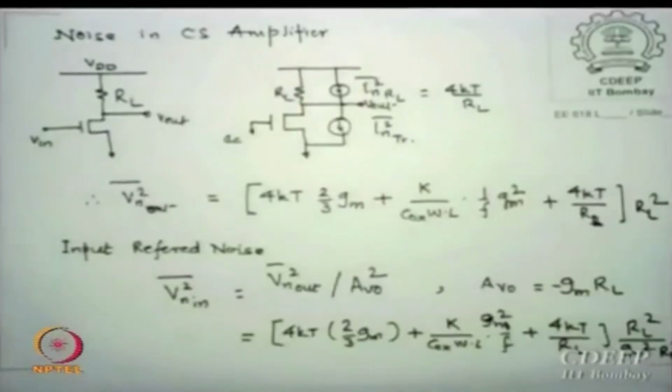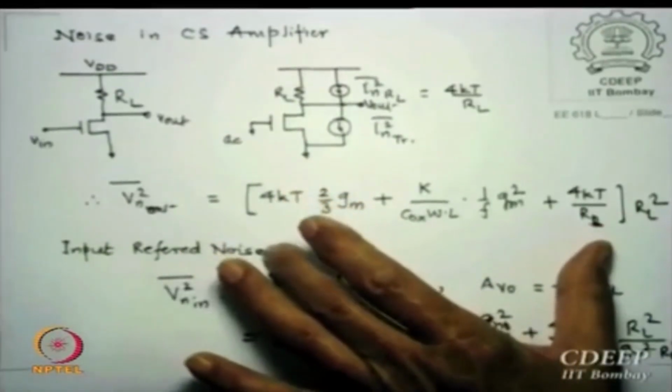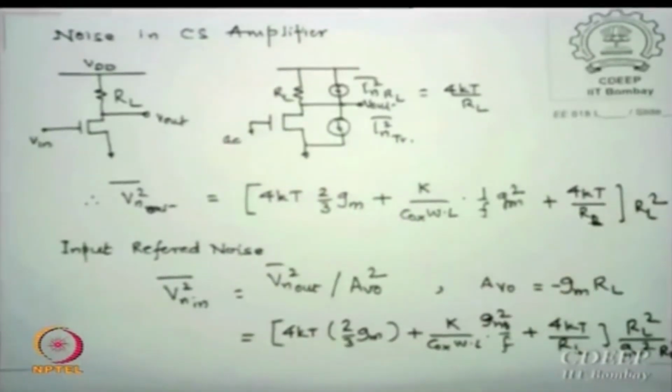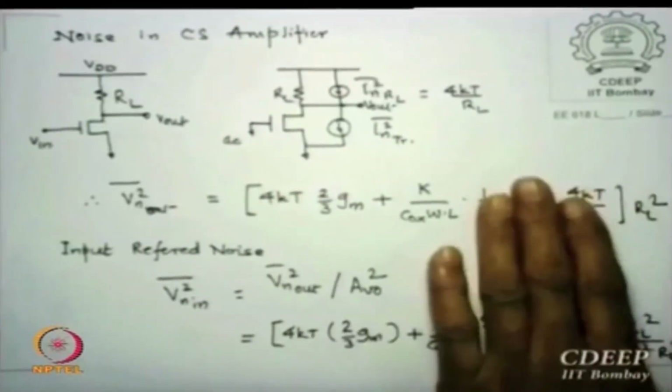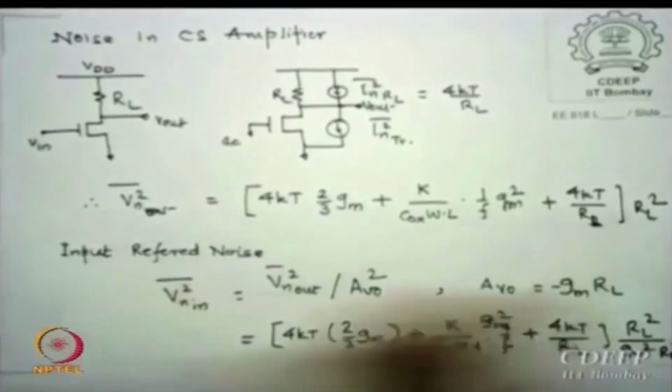RL parallel RO is RL, assuming RL is much smaller than RO, so RL square. Please remember, this is I square multiplied by RL square. So you can say I1 square RL square plus I2 square RL square is the net output noise voltage you will get. Okay, substitute this.